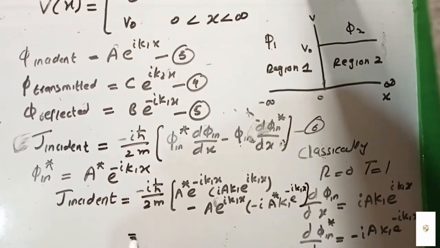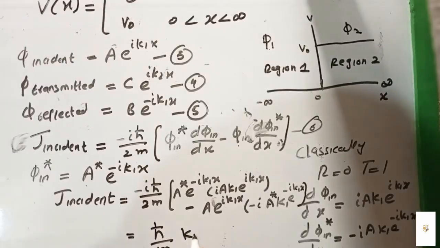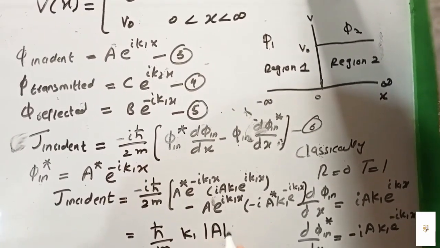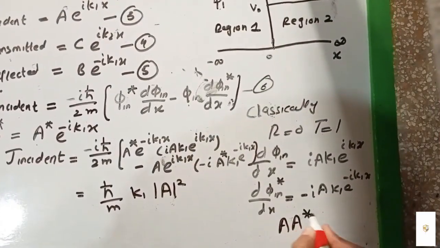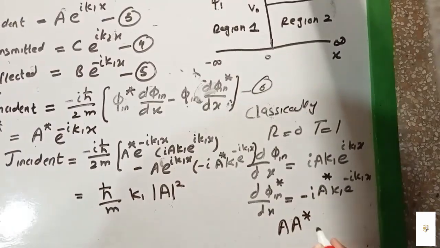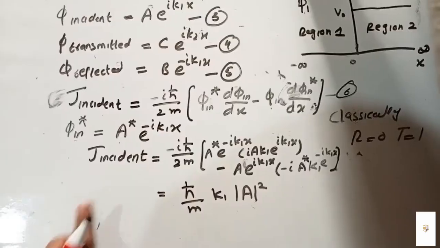This is equal to h cut over m k1 and a modulus square. Here a star a is equal to a modulus square.